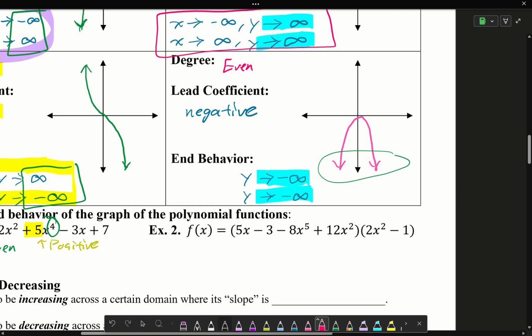A little more complex to tell what the degree of this polynomial is, because we actually have two sections, one on the left here. You see the parentheses. Okay, we have this over here and this over here, and they haven't been multiplied together yet. So you might see this 5th power and think this is a 5th degree polynomial.